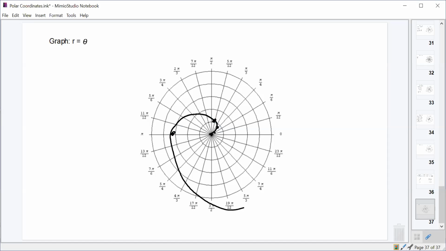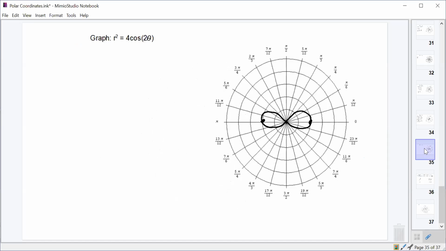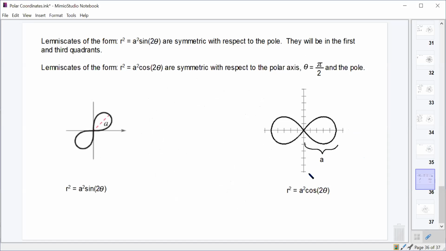So, any other questions on polar? For the lemniscates, the last one, what does the a squared in the equation mean? So normally they write this as a squared. It's just telling us that we go out a. So the value that's there is the square of however far we go out.